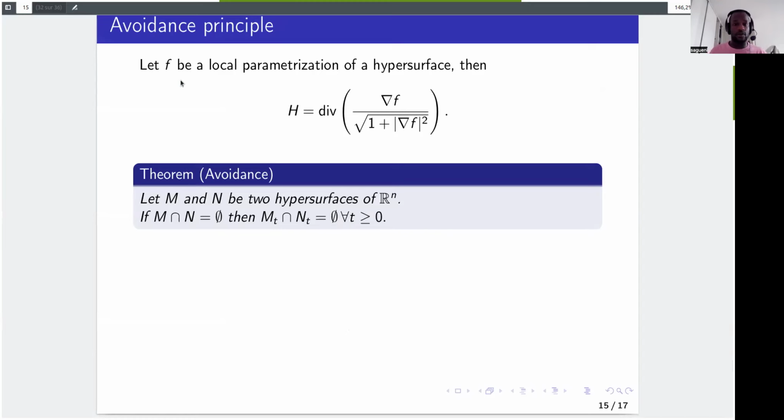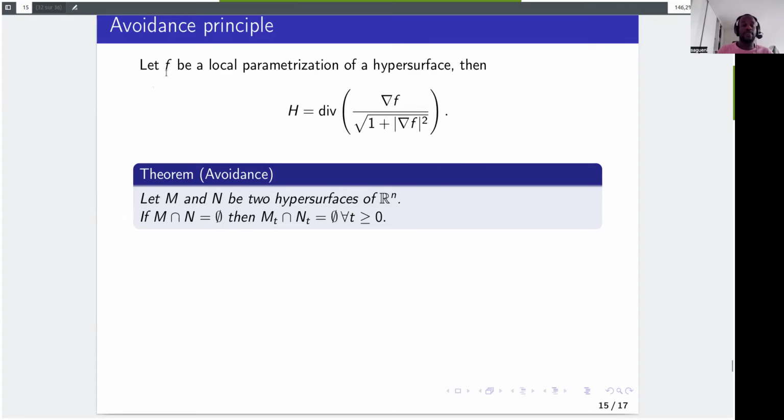So now we will list one of the most important results about mean curvature flow, which is the avoidance principle. The avoidance principle is a property of the mean curvature flow satisfied in codimension 1. When we take a hypersurface, it satisfies the principle that I'm listing here.